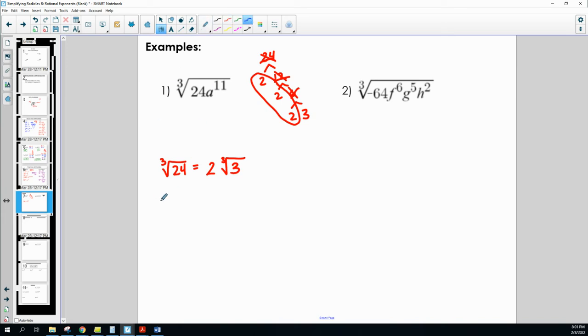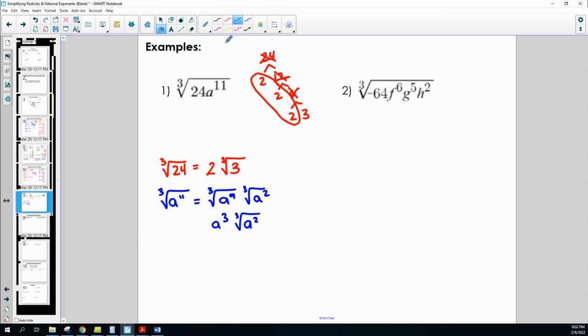Then we have the cubed root of a to the 11th. 11 is not divisible by 3, so we're going to make this cubed root of a to the 9th with cubed root of a squared left over. Divide 9 by 3, so this is going to be a cubed here, and then cubed root of a squared.